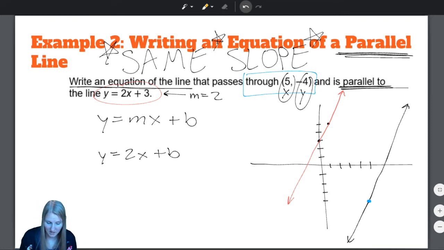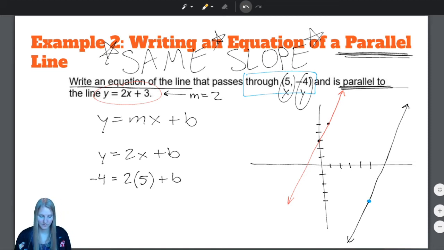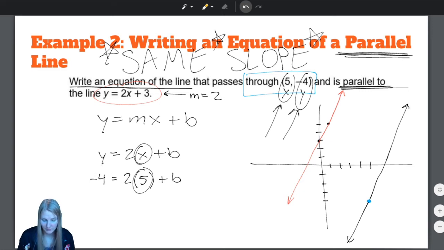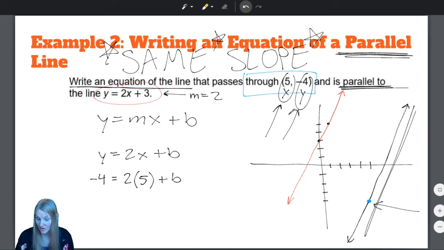So I have negative 4 equals 2 times 5 plus b. Instead of y, we wrote negative 4, and instead of x, we wrote 5, because on this line, we know that there is a point where x is 5 and y is negative 4.